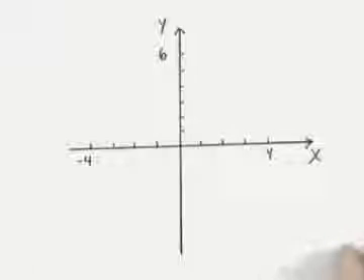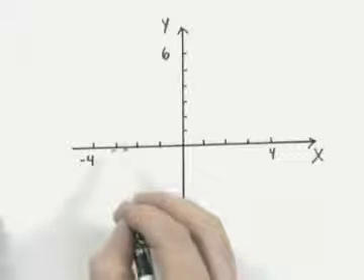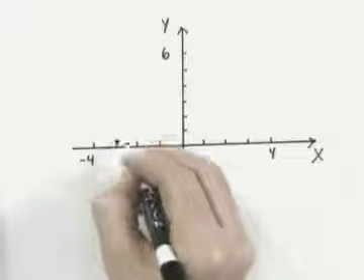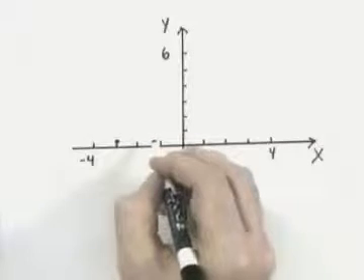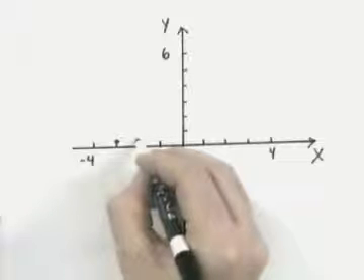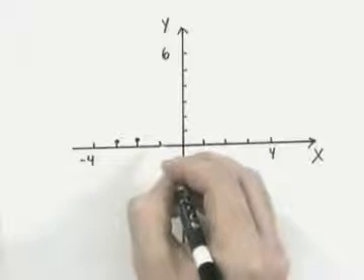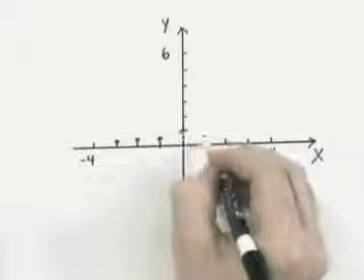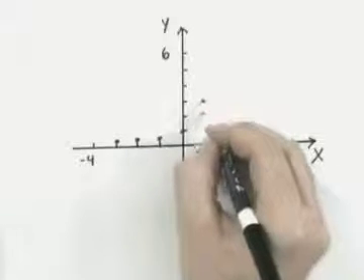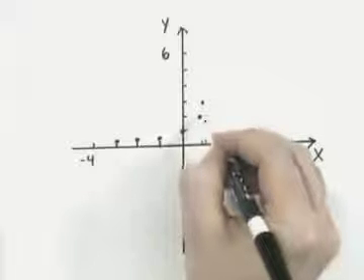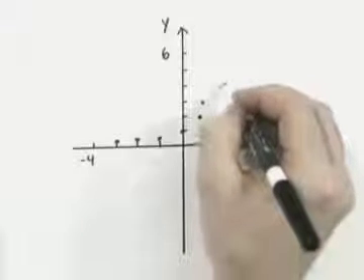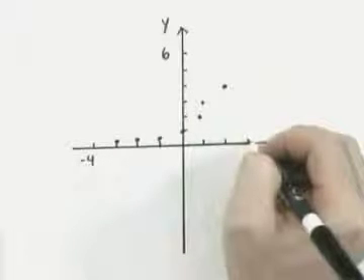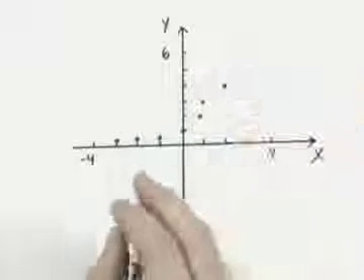So I'm going to start by graphing the point -3, 1/8, which is right around there, -2, 1/4, which is a little bit higher, -1, 1/2, 0, 1, 1, 2, and then 2, 4, 3, 8, which is already off on my board here.